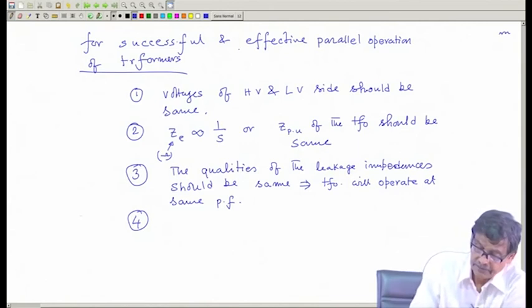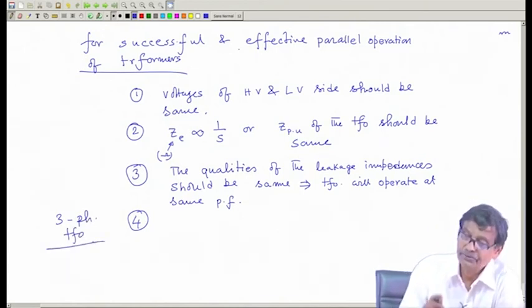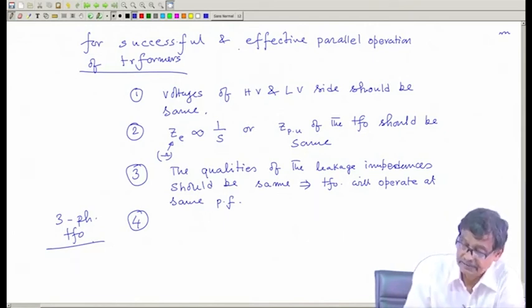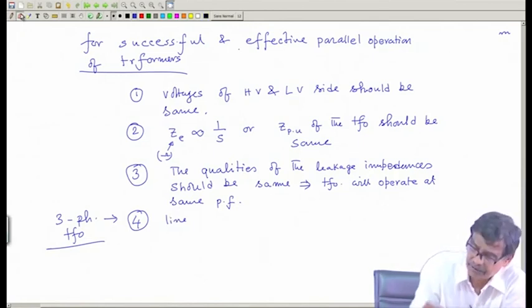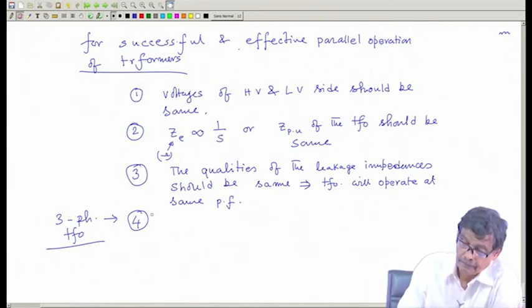Fourth is for 3-phase transformer. The only thing is we will say that line voltages, other things are there, these are okay, line voltages, because after all the voltage of HV side, LV side same, because for a 3-phase transformer line voltage is how it is specified.